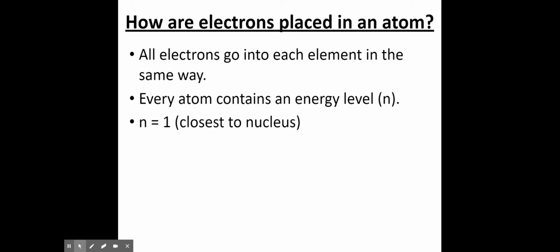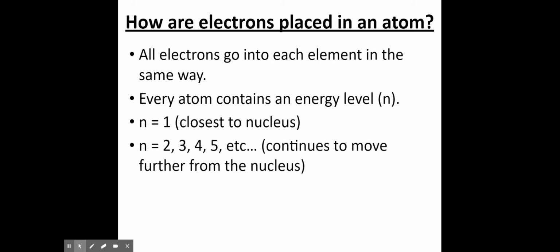This lowest energy level is also the one closest to the nucleus of an atom. So when we do that probability distribution function for hydrogen, we get a little teeny tiny atom. When we do it for sodium, it's a larger shell around that nucleus. As we go farther up, these shells become larger in size.